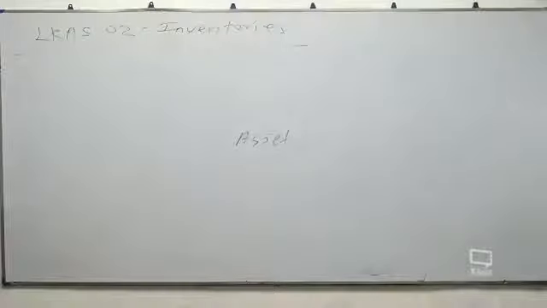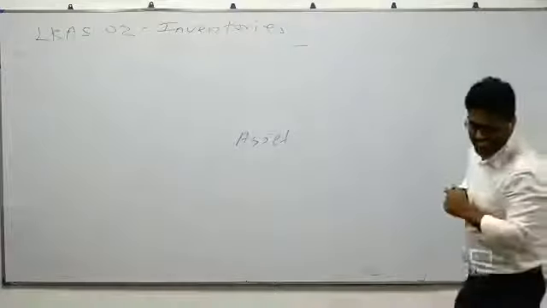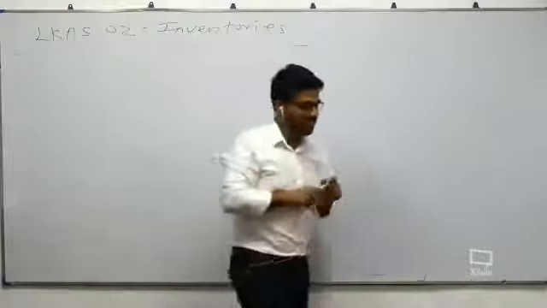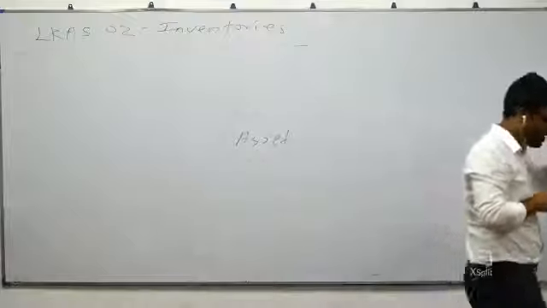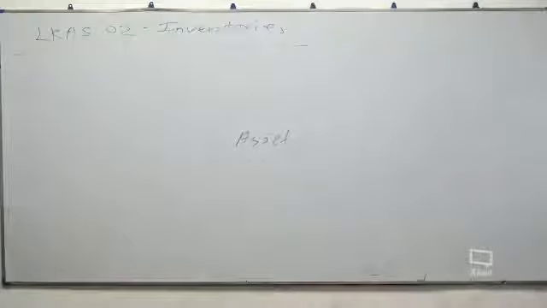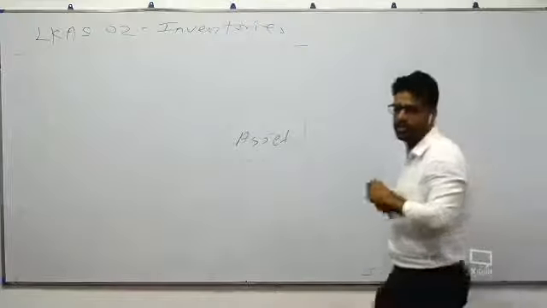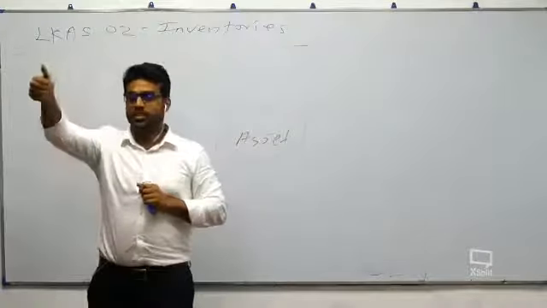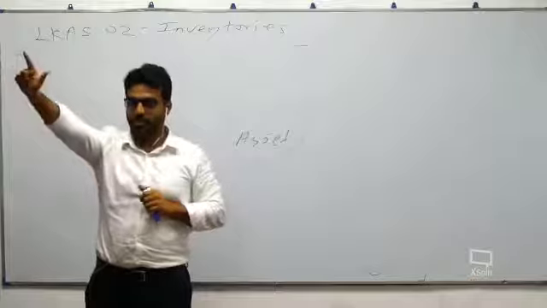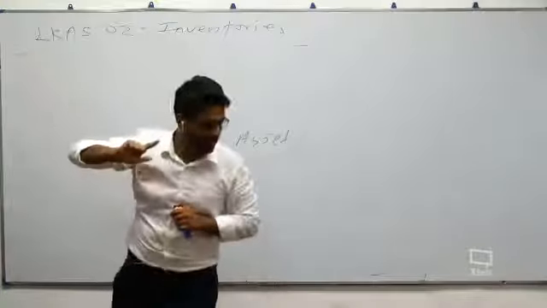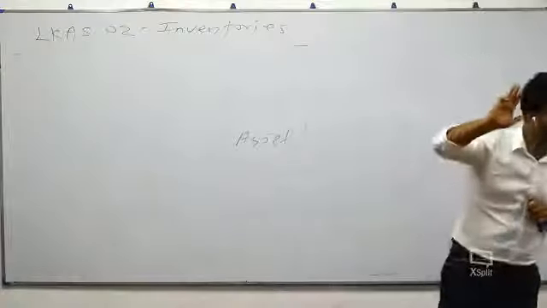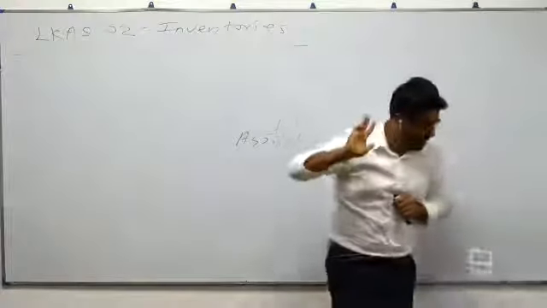Number 5, any other general expenses not connected to inventory. Do you understand it? So administration expenses, don't add. Marketing, selling and distribution expenses, don't add. Abnormal wastage, don't add. Storage expense, don't add. Clear? Are you all okay with that?